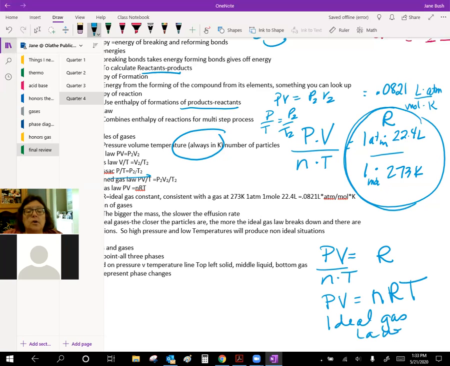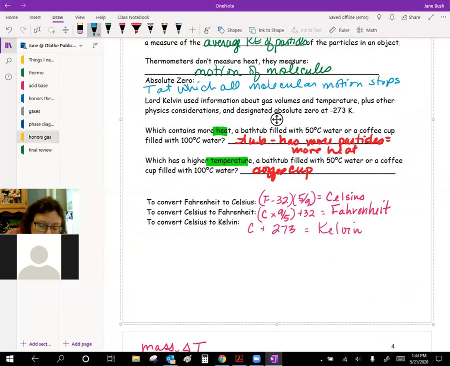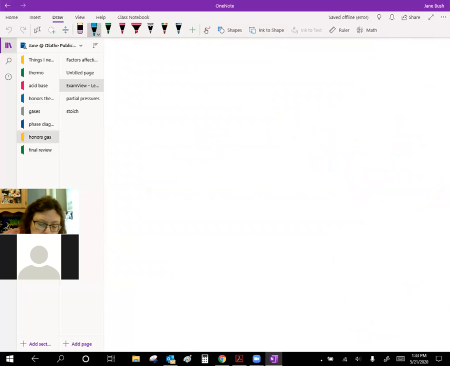Now, to figure out what you're going to use in your ideal gas law problem, you have to look and see what's in the problem. For instance, I'll pull up some gas problems from honors.